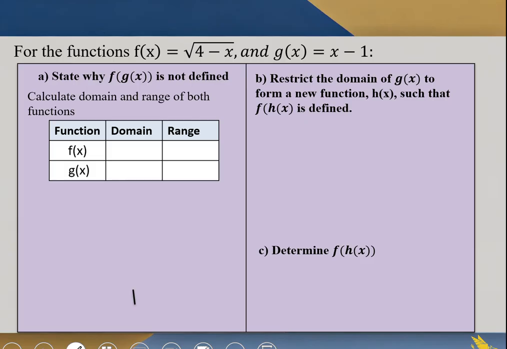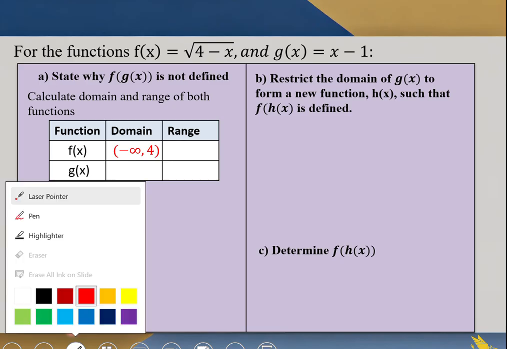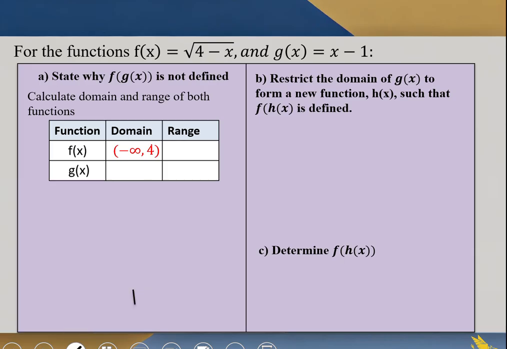With the f of x function, we know that the square root can't be negative, which means the biggest number x can be is 4. So it'll be negative infinity all the way through to 4. Now it can be equal to 4, so I'm just going to change what I've got here. It should be a square bracket.